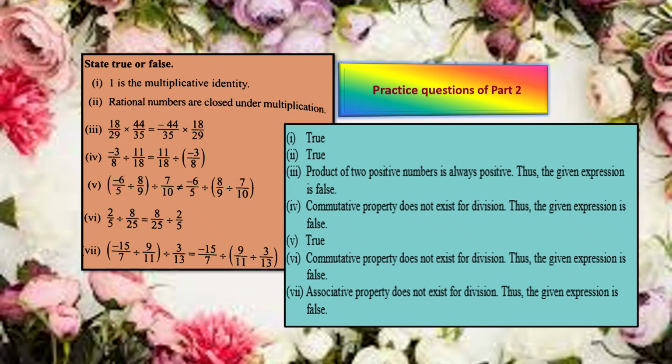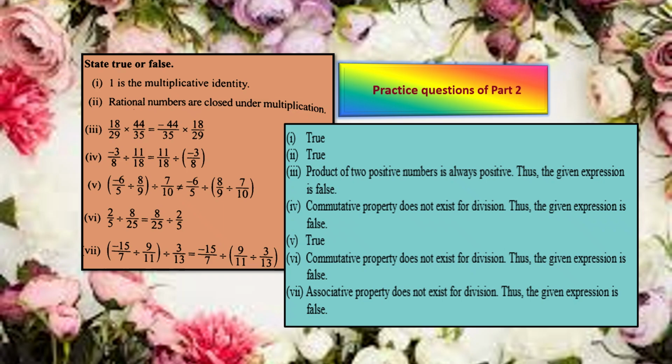Just check whether the property is having the numbers same there. Observe properly, 18 by 29. Yes, in the LHS, in the RHS also 18 by 29 is shown. 44 by 35 in the LHS. Yes, but in the RHS minus 44 by 35. So it is very important to observe the sign matters.